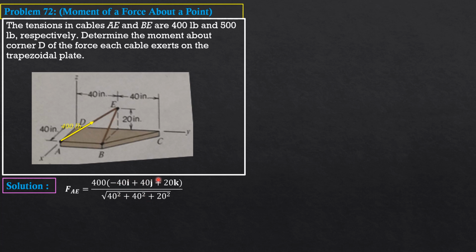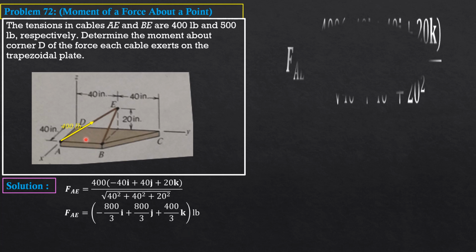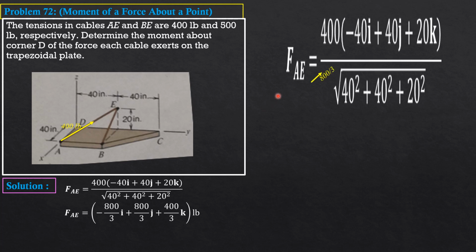So these are the components. Then the square root of 40 squared plus 40 squared plus 20 squared. FAE therefore is negative 800/3 i, positive 800/3 j, positive 400/3 k pounds. Then these are the components.